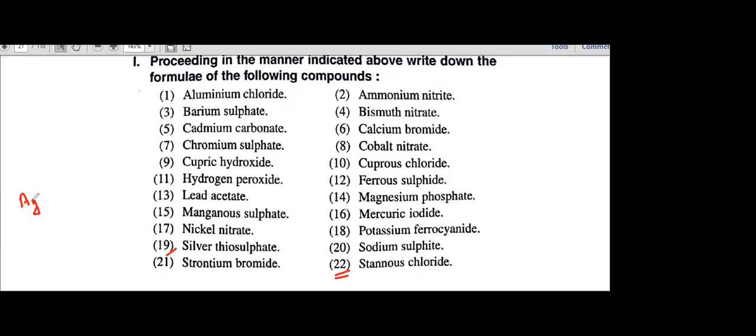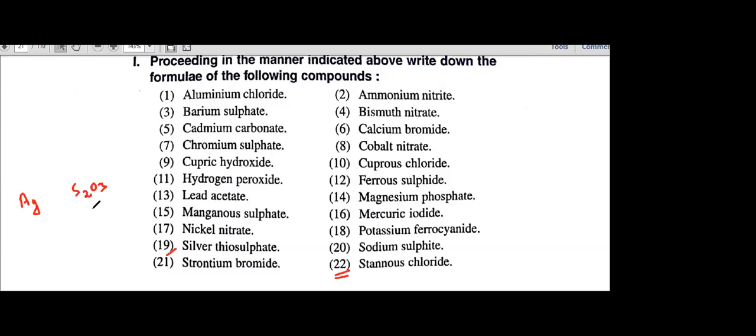And what is the formula of thiosulfate? In the table, what was given? Thiosulfate is S2O3.